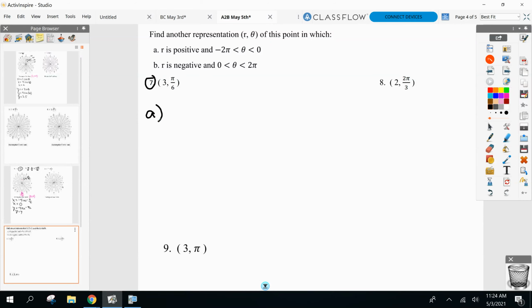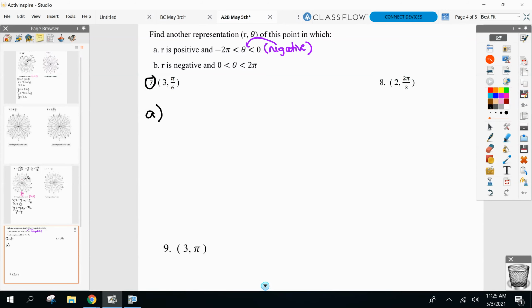For part A, you need your R value to be positive, but your angle has to be between 0 and negative 2 pi. Let me rephrase that for you to help you out. If your angle's got to be between 0 and negative 2 pi, I want your angle to be negative at the end. R positive, angle negative.